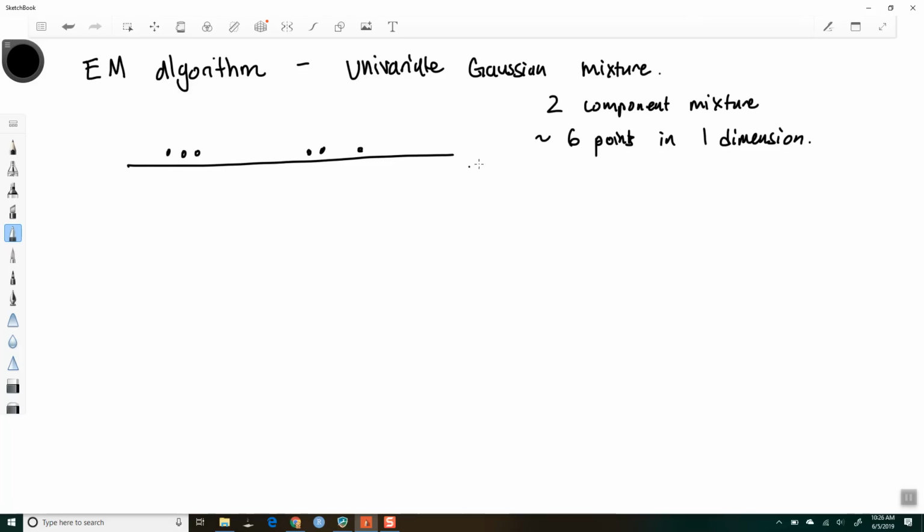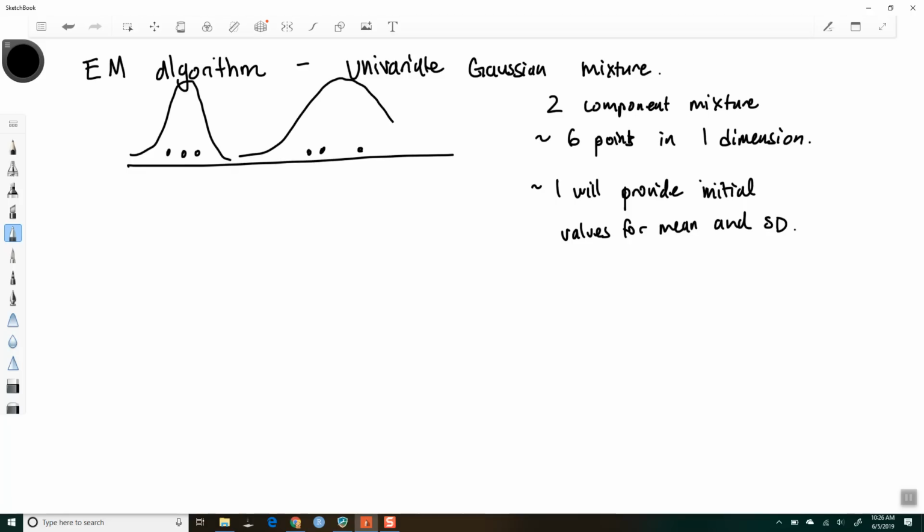And I think what I'll do is I will provide initial values for mean and SD. Okay, so it'll be something like, right, and then I'll say something like component 1.